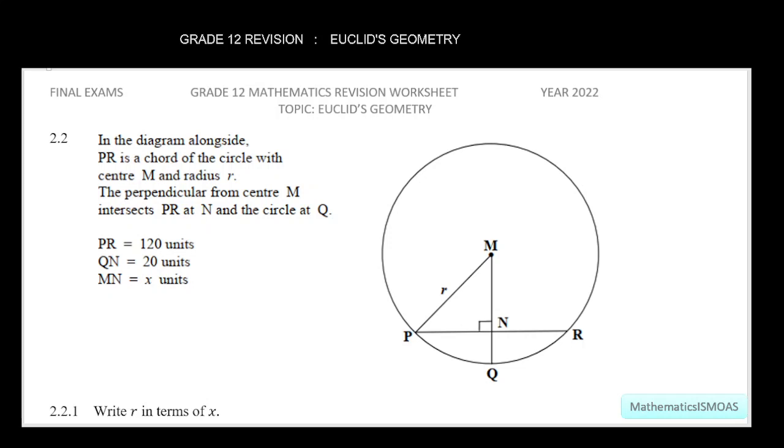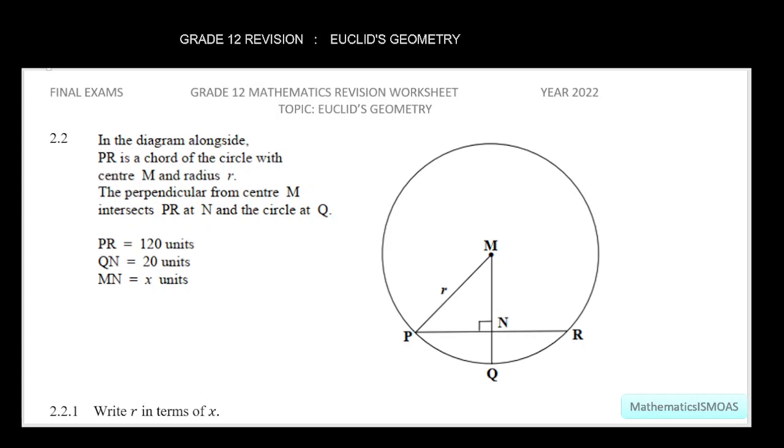Okay, the perpendicular from center M intersects PR at N and the circle at Q. Therefore, this simply means what? MNQ is a straight line.